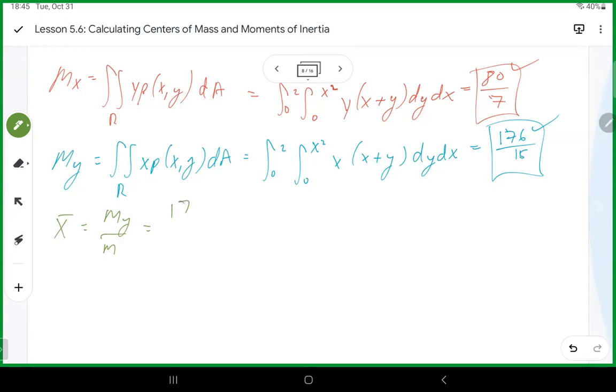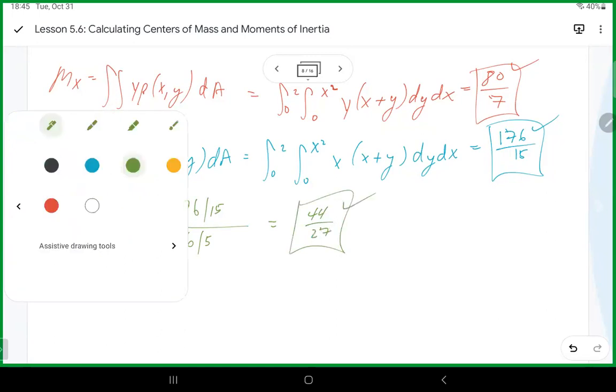I'm not going to rewrite the formulas because you guys should know them. You can get them from the other slide. That's that one.